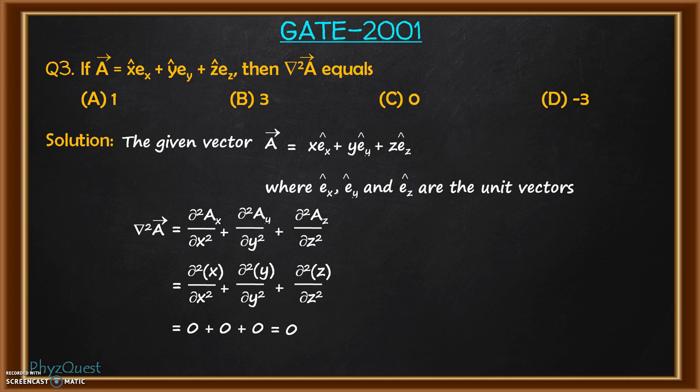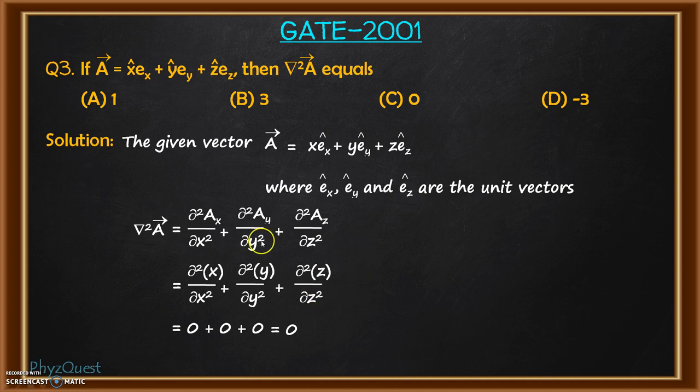You can even answer this problem without any calculation. The trick here is that the operator involved is the Laplacian operator, del square, which is a second order differential operator, and the x, y, z components of the vector have power 1, or you can say their order is 1. Whenever the power of the function to be differentiated is less than the order of the derivative, the answer will always be 0.